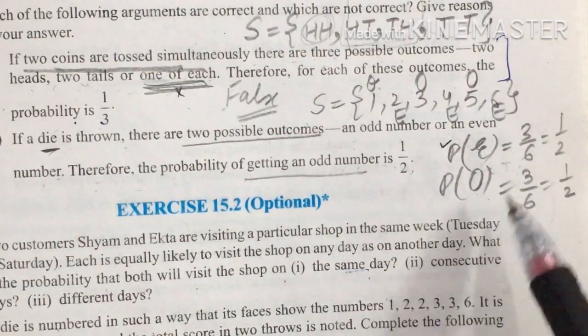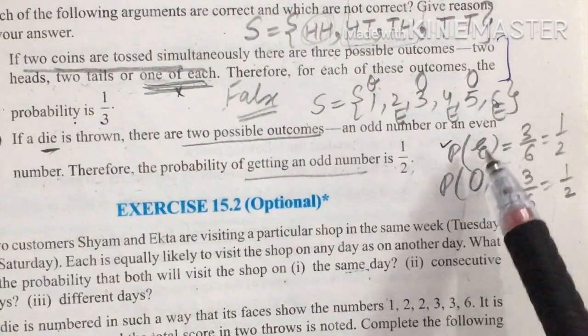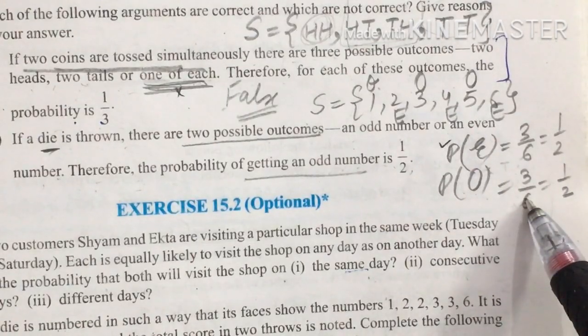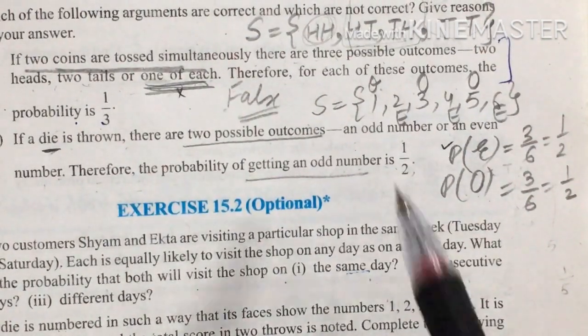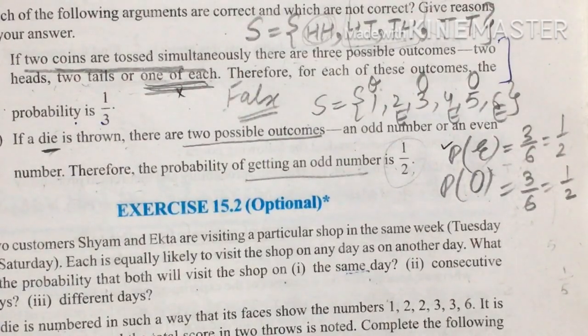And when the outcomes are equally likely, their probabilities are equal. So there are 2 results with the same probability, and hence they have a 50-50% chance of happening, and 50-50% chance means half chance. So the probability for each of these is 1 by 2, 1 by 2. So that completes your exercise 15.1. In the next video we will discuss exercise 15.2.